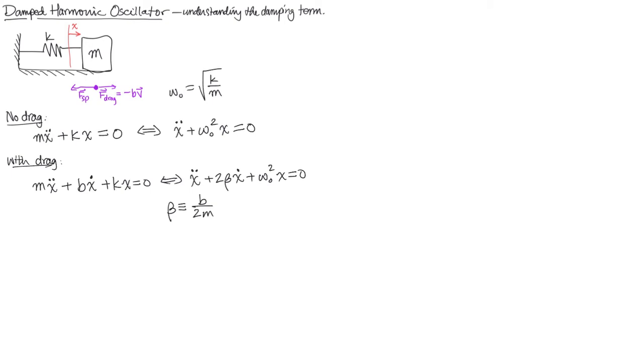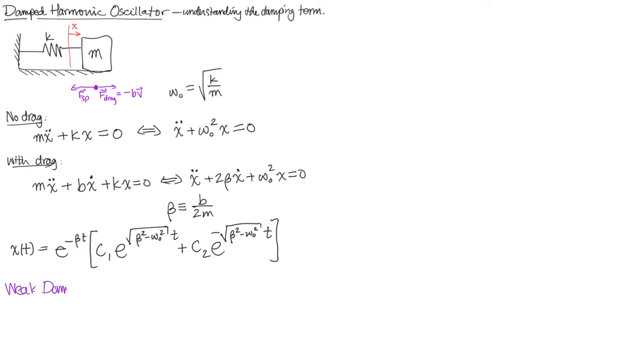Okay, and as we've seen, a solution for this equation of motion is given by the following, where we have an exponential decay term multiplying a series of exponentials. Now, we're going to consider something called weak damping.